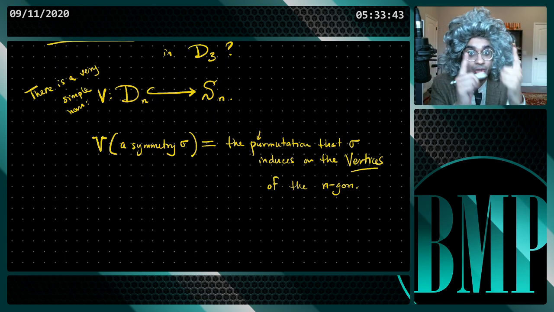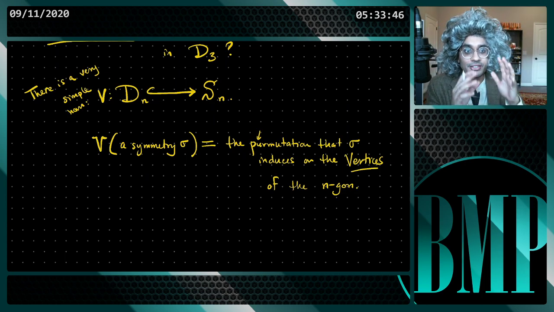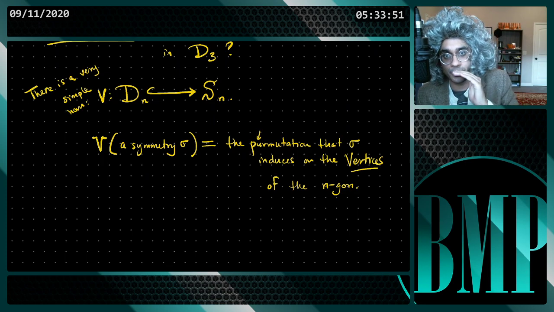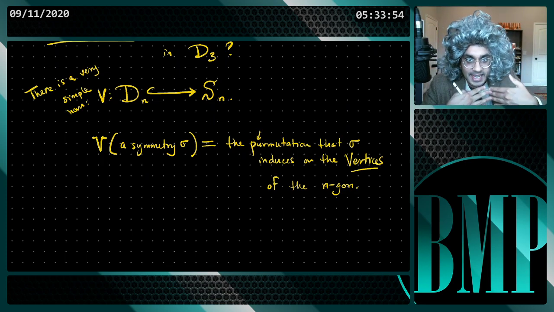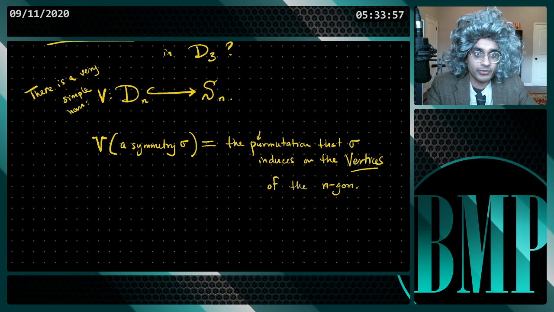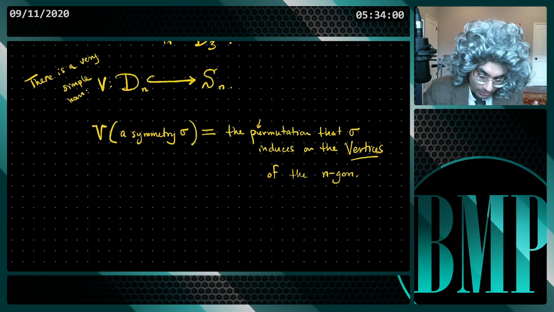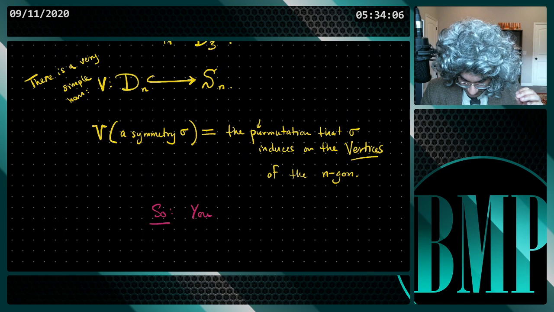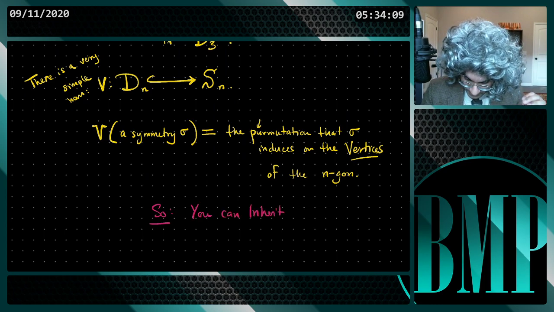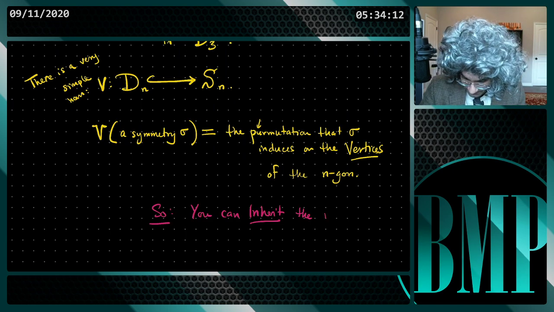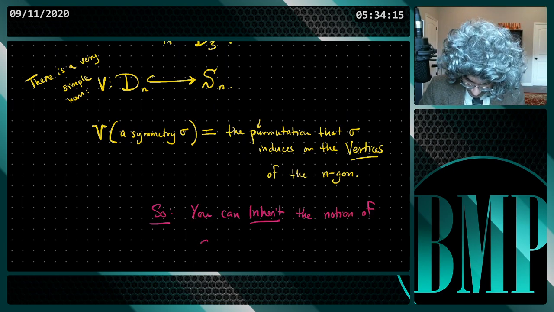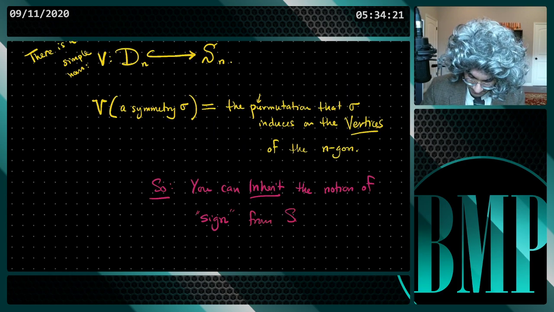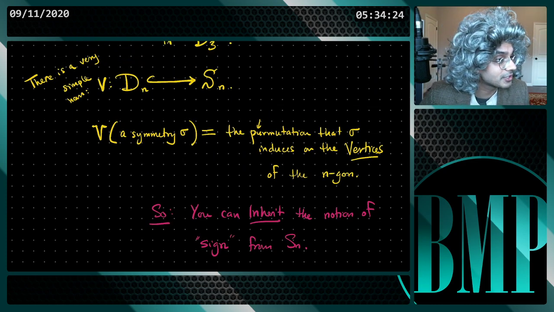Every single symmetry is going to do a permutation on those vertices. And there's no symmetry which keeps those all fixed. I just checked that the kernel was trivial. And so D_n injects, there's a group homomorphism of D_n into S_n, and so you can inherit the notion of sign from S_n to D_n. Sloth, is this making sense?